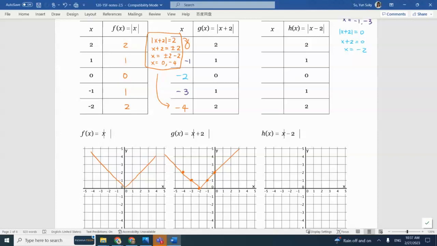Okay, so here we do the similar thing with x -2. Let's copy it. We have absolute value of x -2 equals 2. Then x -2 is plus or minus 2. On this side we subtract 2, but on this side, what are we doing? Add 2.